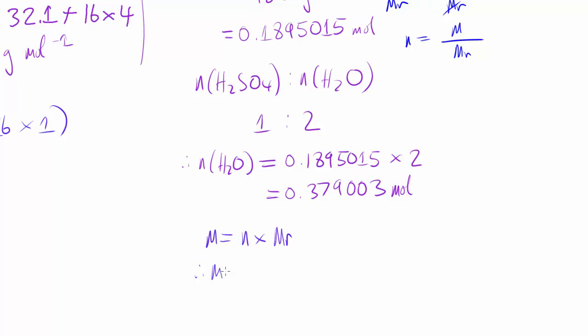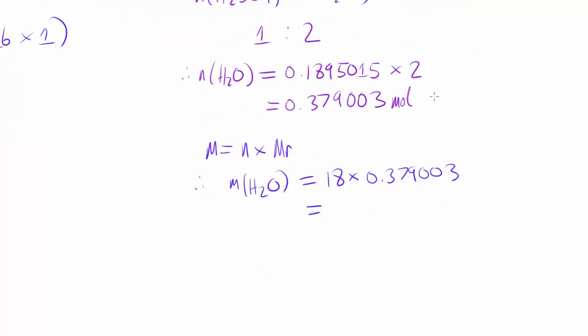So the mass of H₂O is going to be equal to 18 multiplied by the above calculated value, 0.379003.